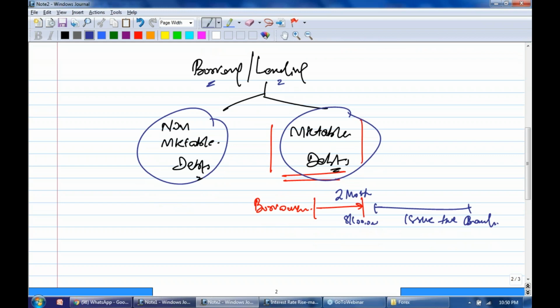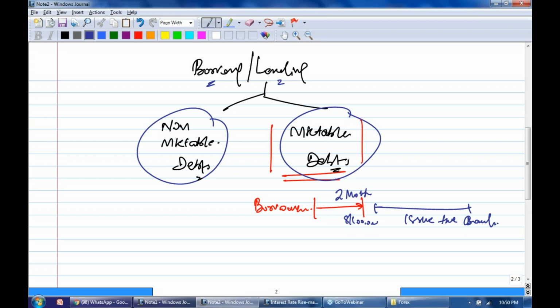As a borrower, your mind should be specific. What is the risk? Our risk is that when in the future we are going to borrow the money, interest rate will increase. Number one, simple. Number two, any listed company has two options to borrow the money.